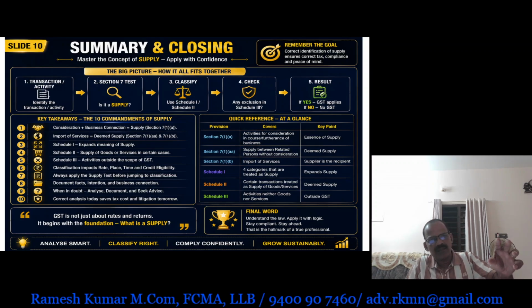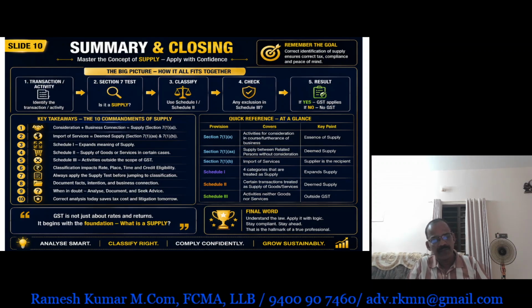So these sequential tests are very important, because only after completing these steps should we move to tax rate, then valuation, place of supply, time of supply, and claim of ITC, etc. So there is a logical flow.